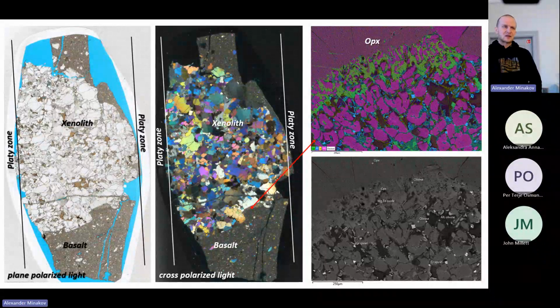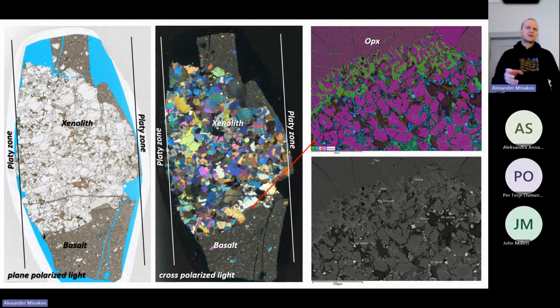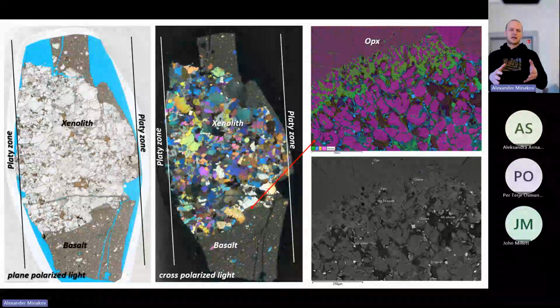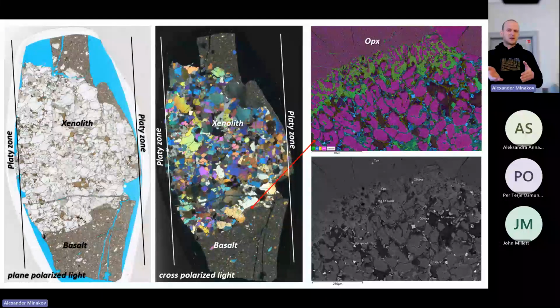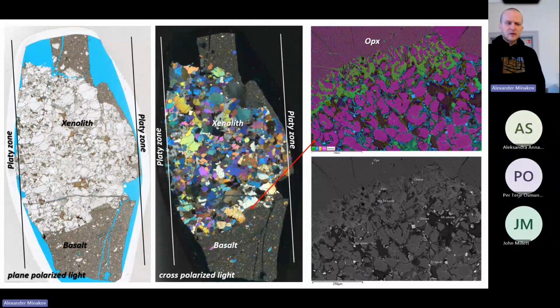It would also be interesting for me to see, do we have realignments of the grains both within the mantle xenolith and the basalt host rock within these plate zones? Do we have crystal reorientation within this? And actually, it's not that obvious.